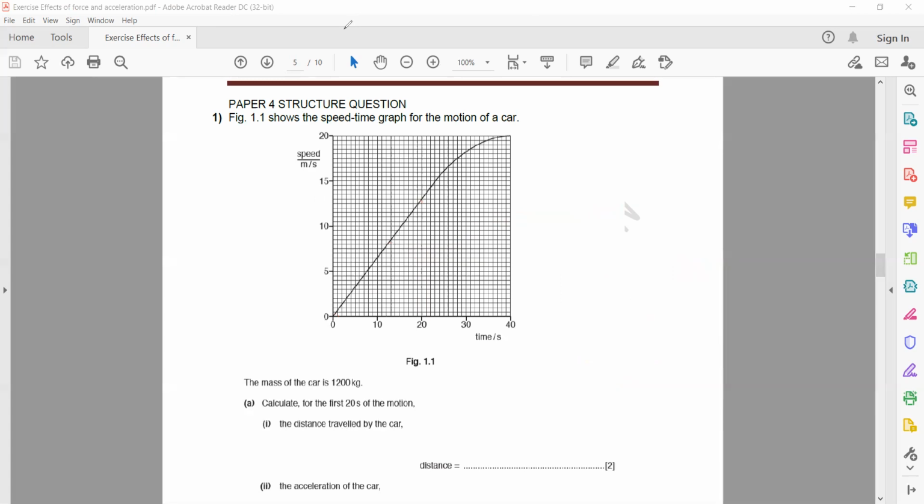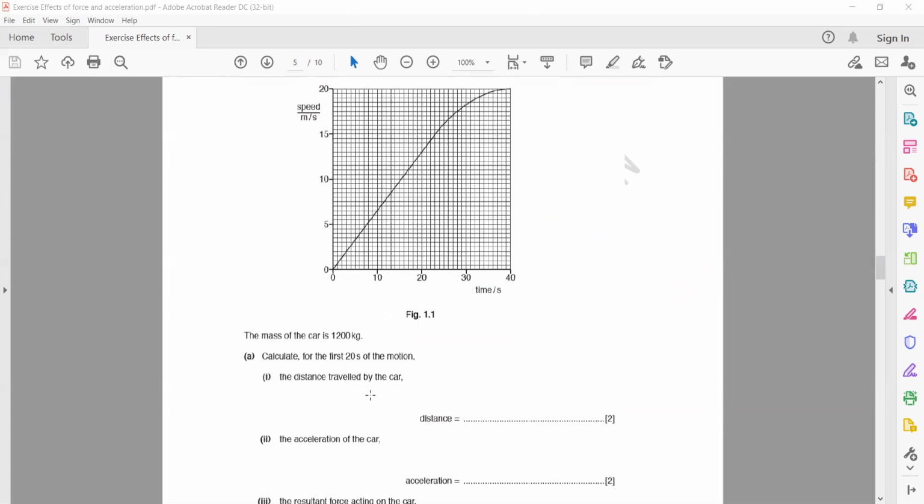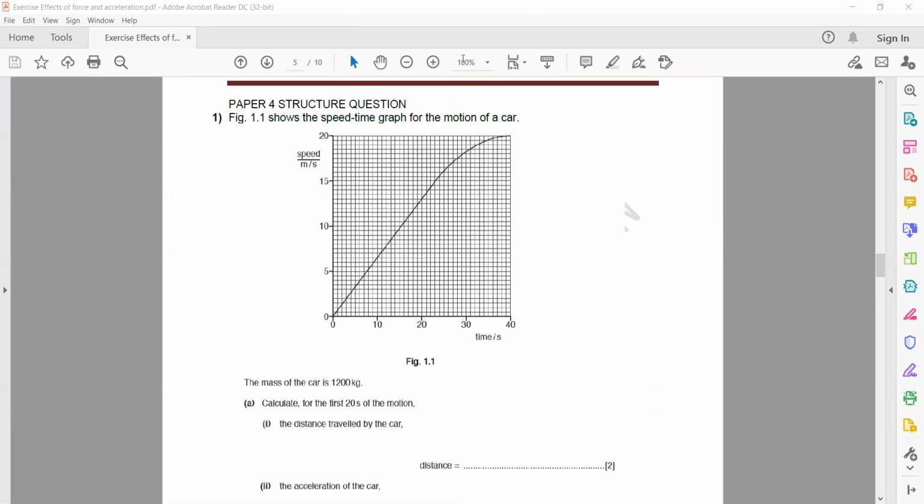The second part: the acceleration of the car, again for the first 20 seconds. How can we calculate the acceleration? If it's a straight line, we'll use the formula V minus U over T. So the starting speed is 0, and the final speed is 13, because they're asking for the first 20 seconds. The final speed was 13 and the time interval is 20 seconds.